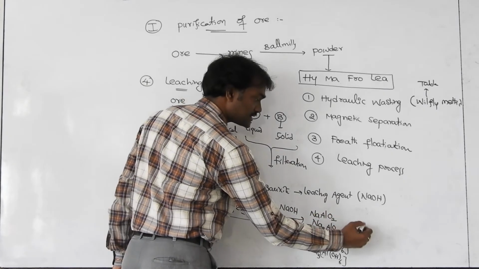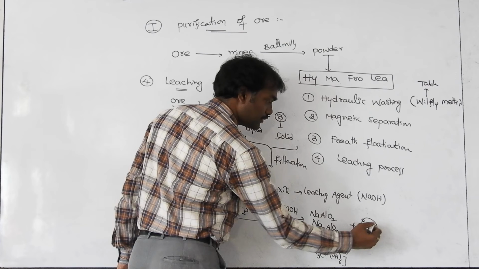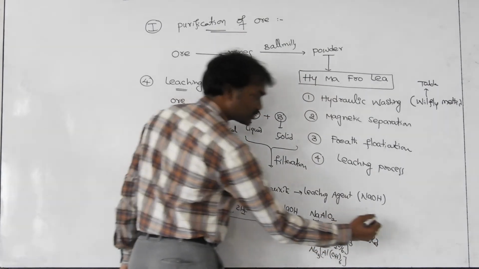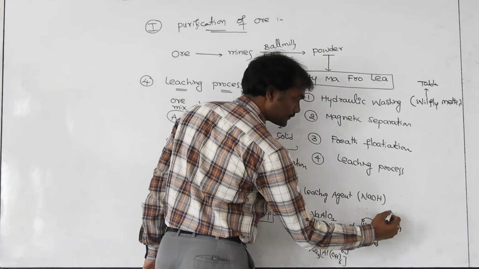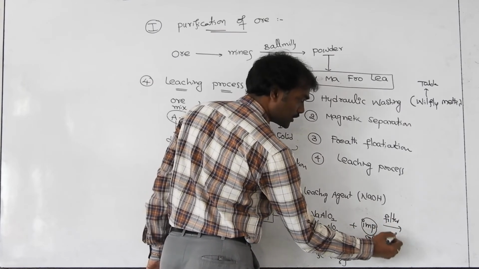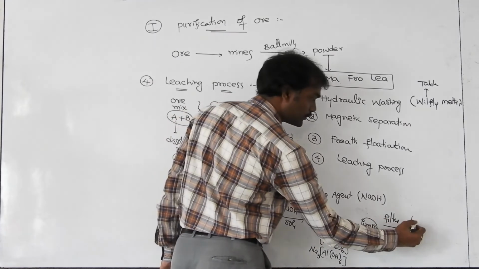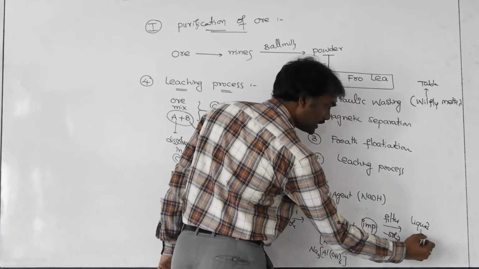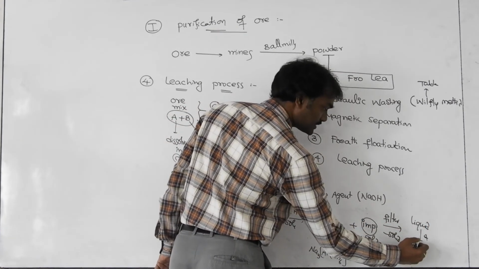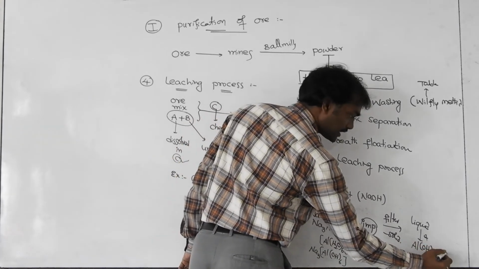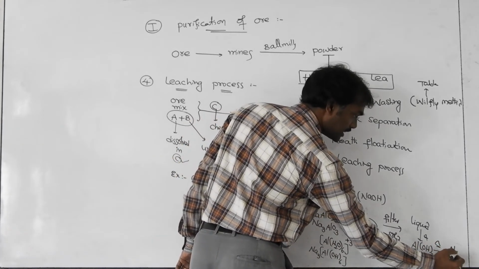Next, impurities are not dissolved. Impurities are in the form of solid, and these are dissolved. So you use filtration, which means solids are removed and you are getting a liquid. This liquid you are going to heat. First it becomes Al(OH)3. Next, when further heated, it becomes Al2O3.